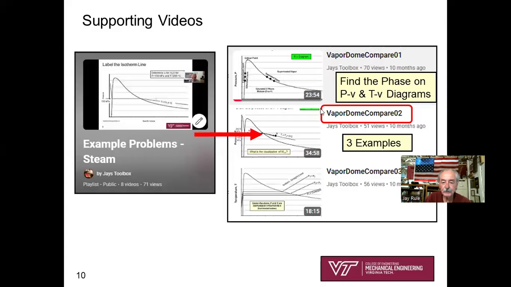For this one, Vapor Dome Compare 02 has 3 worked out examples, almost like homework problems, associated with calculating internal energy U. I would recommend that you give that a try. I see that it's 35 minutes and there are 3 worked out examples.